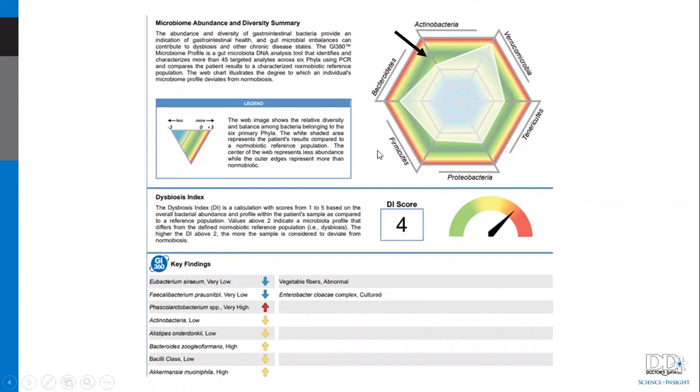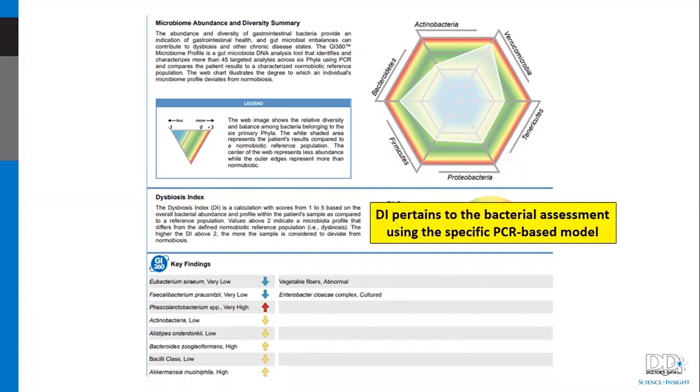So from the full set of data, the dysbiosis index is calculated. And here we can see a dysbiosis index of 4, which is a club that neither any of you nor your patients would really want to be in. And I can't emphasize enough that this dysbiosis index pertains specifically to the bacterial assessment using the specific PCR-based model.